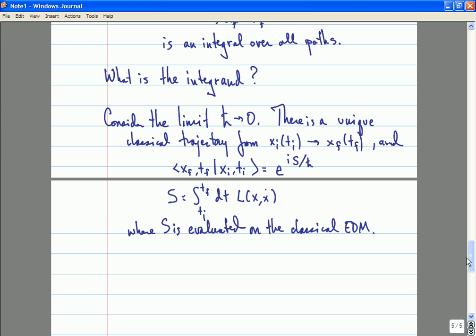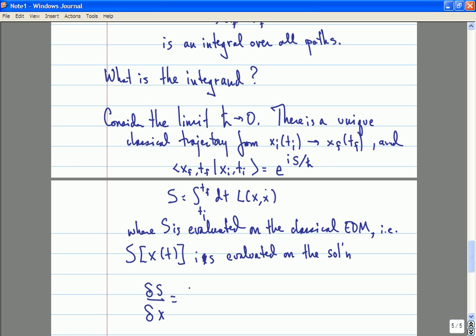I.e., S regarded as a function of the classical path is evaluated on the solution to the Euler-Lagrange equation, which says that the variation of S with respect to the classical path, i.e. dL by dx minus d by dt of dL by dx dot, is equal to 0.